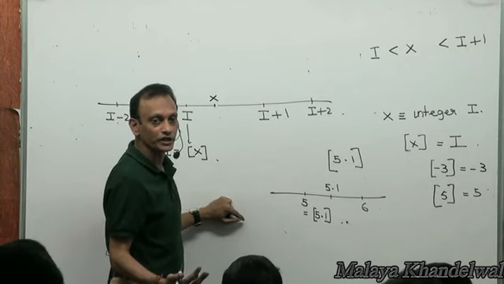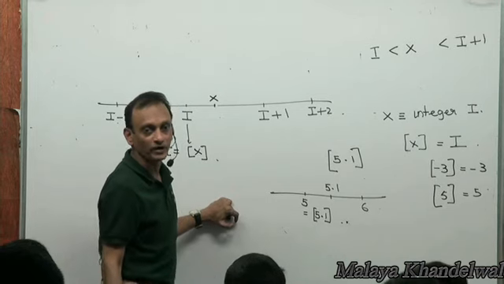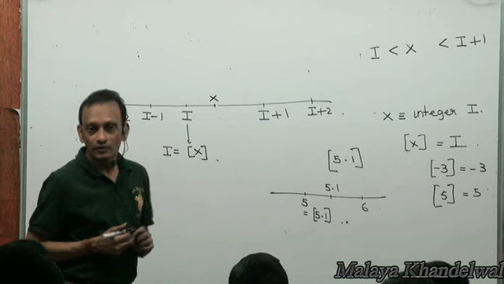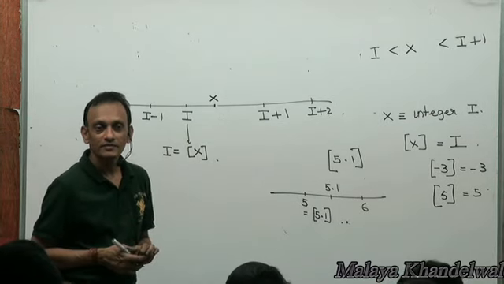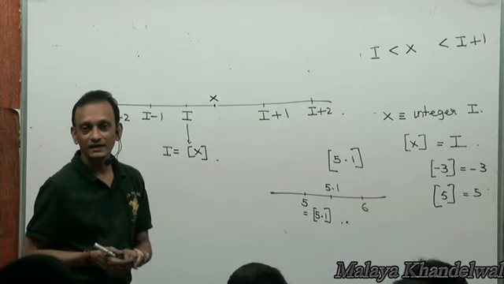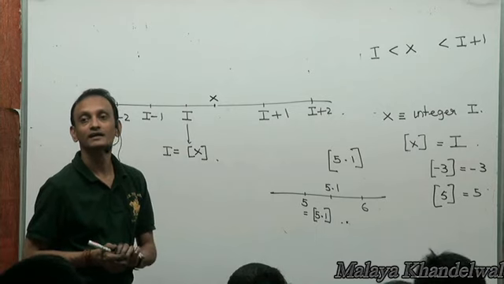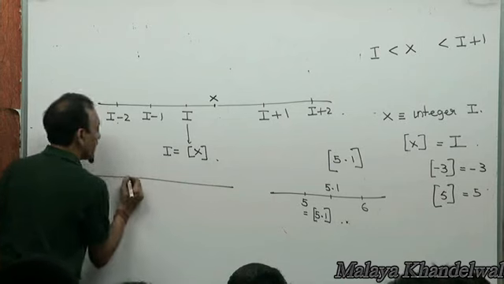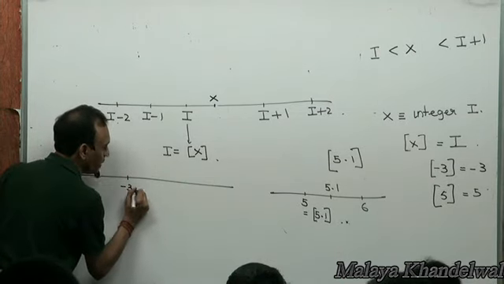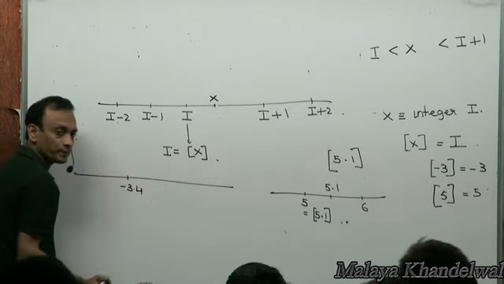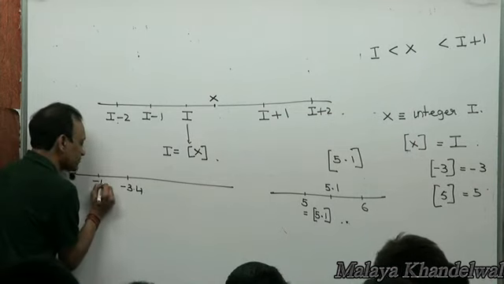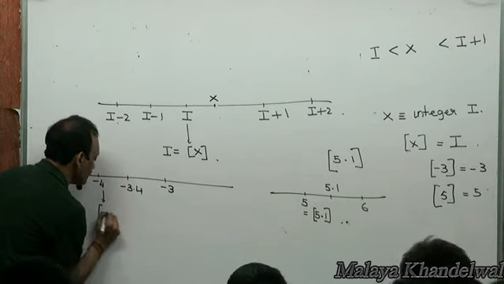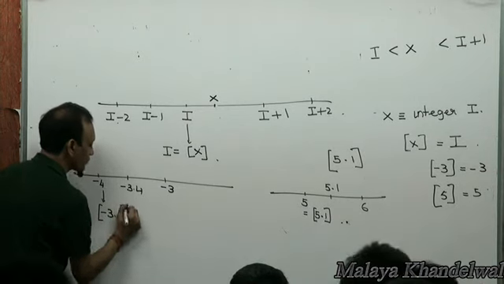Also this is the nearest integer to the left of 5.8, isn't it? Suppose x is minus 3.4. Then there are minus 4 and minus 3. Then minus 4 would be box of minus 3.4.